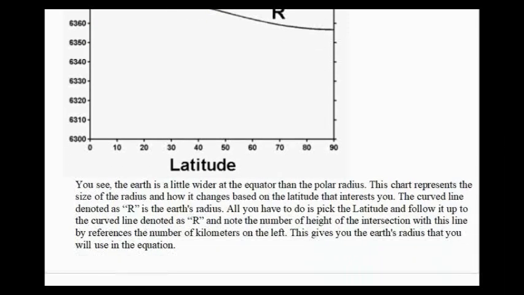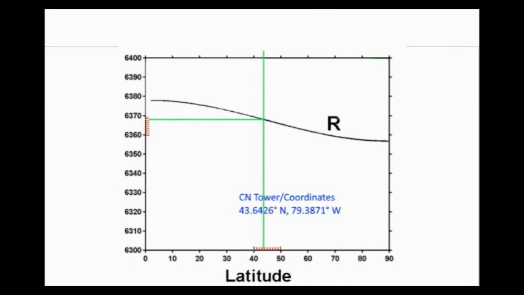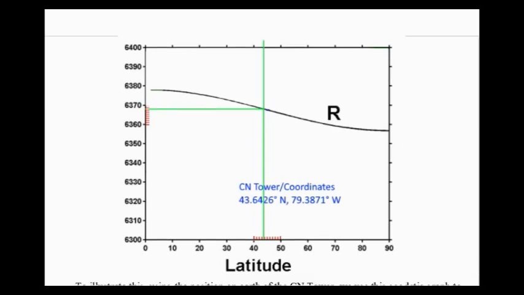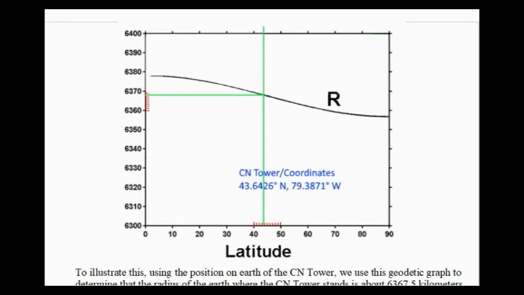To illustrate this, using the position of the CN Tower, we use this geodetic graph to determine that the radius of the Earth where the CN Tower stands is about 6,367.5 kilometers. Since the CN Tower stands 71.76 meters above sea level, the true radius we will use for our calculation will be 6,367,571.76 meters.